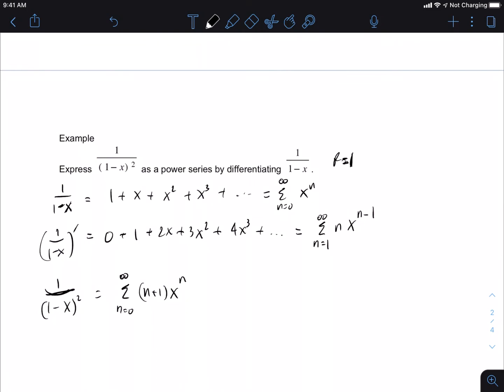So by theorem 2, the radius of convergence is r equals 1, right? Even though we took the derivative, the radius is going to be the same as the original function, and that was r equals 1.